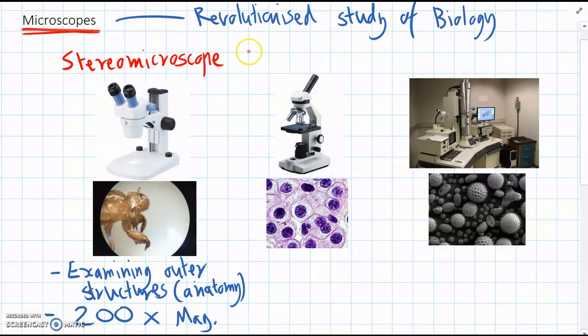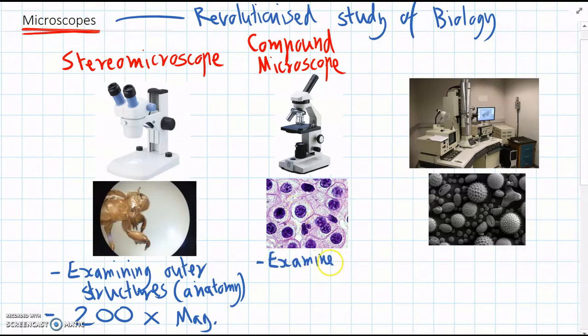The next type of microscope is called a compound microscope. And we can see in the picture here, compound microscopes zoom in quite a bit further than stereo microscopes. So they can examine individual cells. But to do that, we need to actually slice a piece of the organism into a really thin slice.